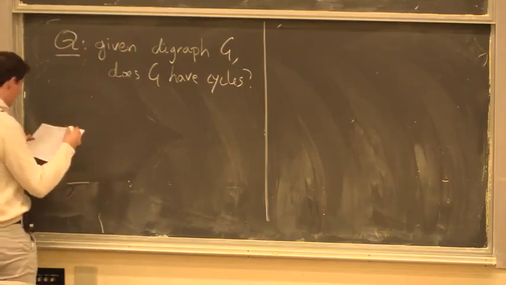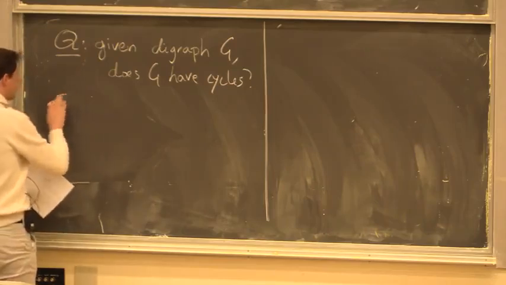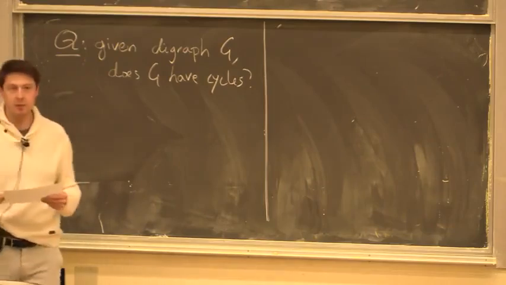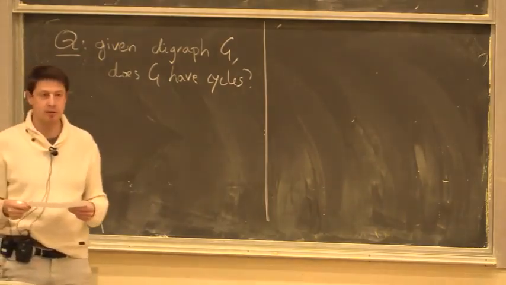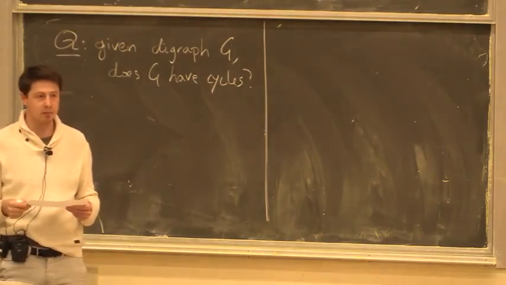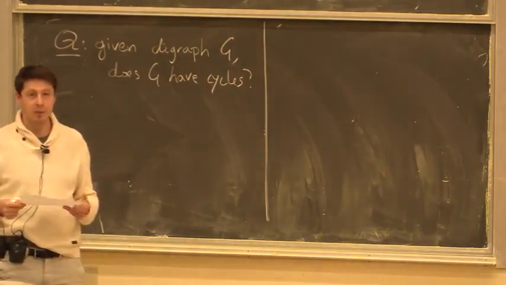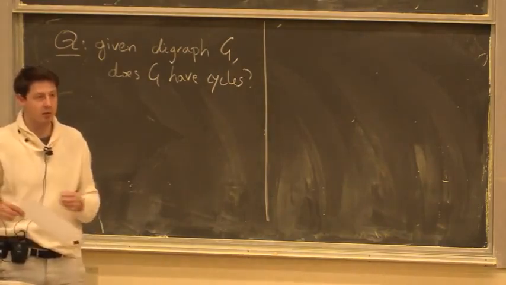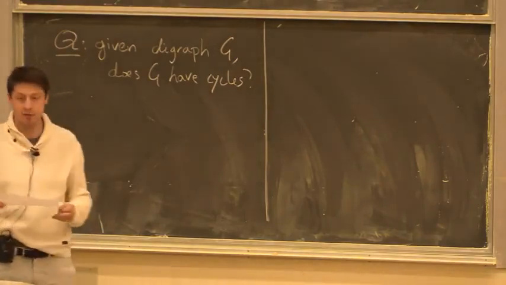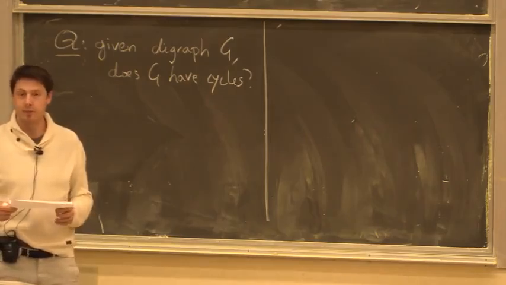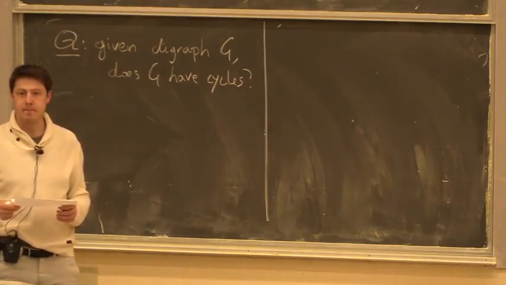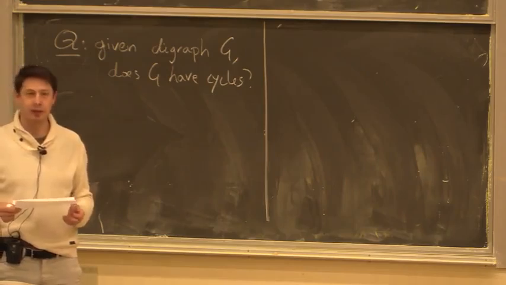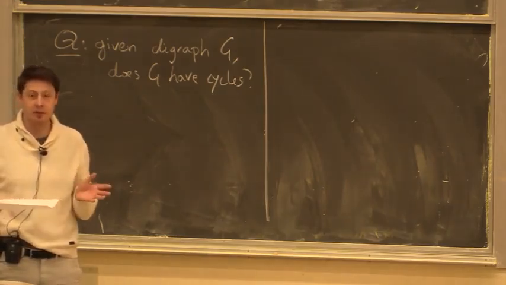So I'm going to write down, actually, maybe some of you have spent time either in discussion section or in homeworks playing with pre and post numbers. Does anybody have a guess of how we can use pre and post numbers to detect whether a graph has cycles or not? There was one type of edge that we discussed last time that seems to suggest cycles.